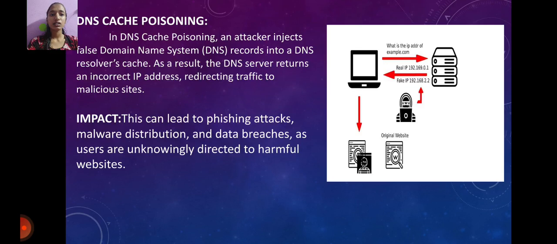As a result, the DNS server returns an incorrect IP address, redirecting traffic to malicious sites. Impact: this can lead to phishing attacks, malware distribution, and data breaches as users are unknowingly directed to harmful websites.